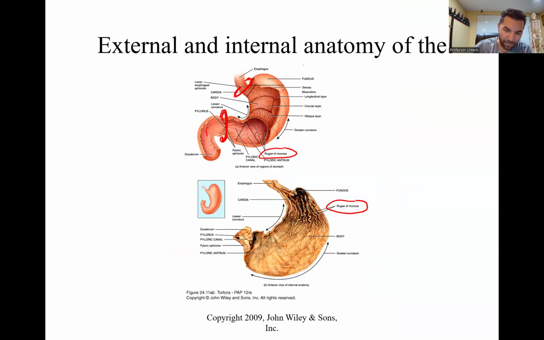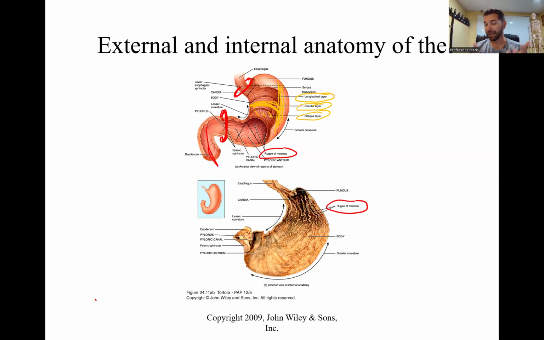We can see the duodenum, all things we've talked about, but we're going to add in 3 new components. And those 3 new components are muscles. We have longitudinal, circular, and oblique. The longitudinal ones run long ways. The circular ones run in a circle around. And the oblique ones run kind of at an angle.